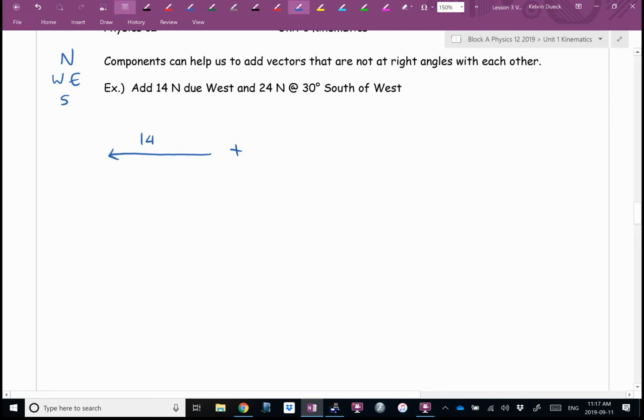Draw a dotted line west first. Go back to where you started. Go south of west. This is where that angle of 30 degrees is going to go. And the line is 24 long, so I'll eyeball it. I'll make it a little longer than my 14.